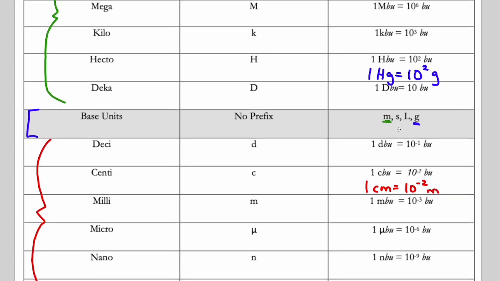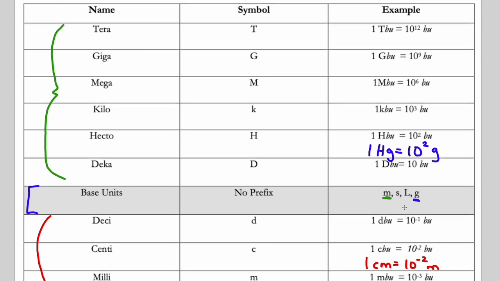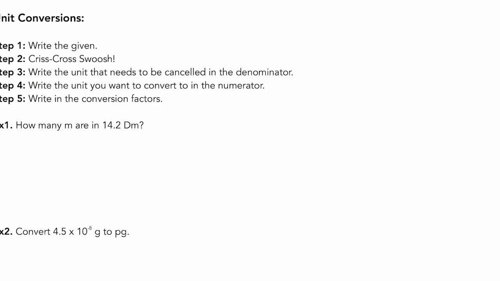So no matter what, whether it's a gigameter or a decimeter, the 1 goes in front of the prefix. And then the relationship goes in front of the base unit, whether it's meters, seconds, liters, or grams. All right, so I'm going to be referencing this back as we look at some conversions right now.